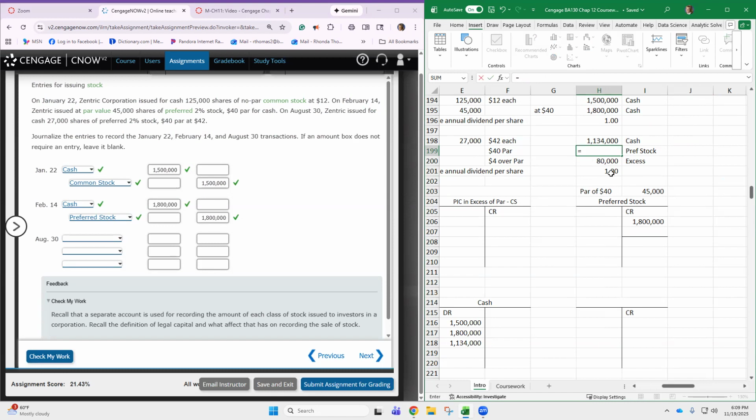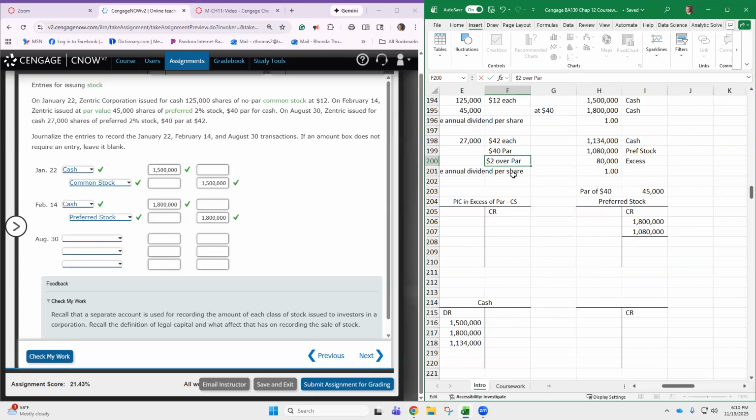Let's calculate that. 27,000 shares at the par value is $1,080,000. Okay, let's put this in: $1,080,000 in the preferred stock account. Now be careful. This number and this number do not balance. The stock sold at $2 over par.